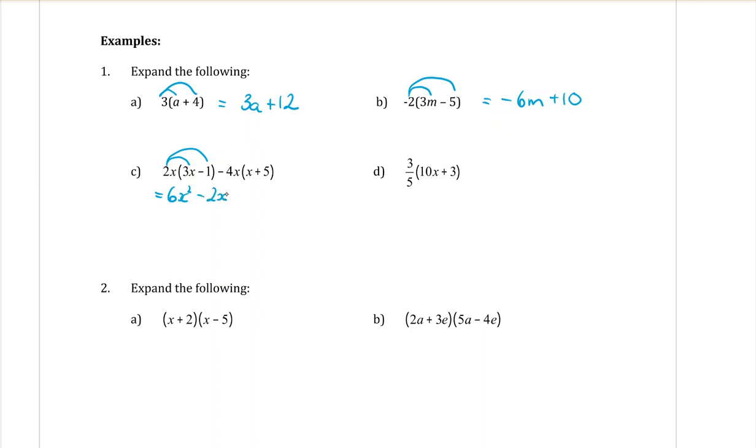Now I'm going to expand the minus 4x into this second bracket. Remember to take that minus though, that's important to include. So minus 4x times x is minus 4x squared. And minus 4x times 5, the minus times the plus will make a minus. 4 times 5 is 20, and we have an x.